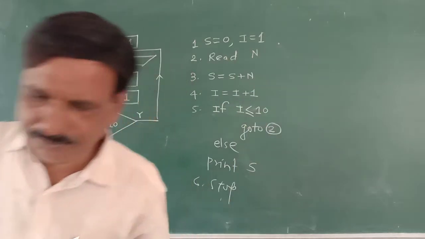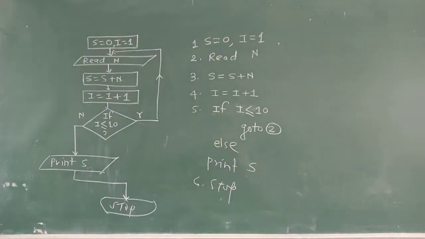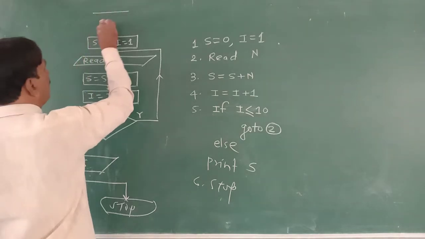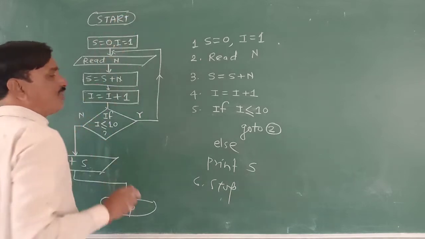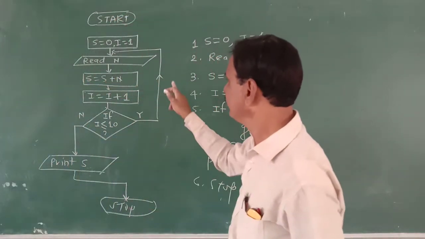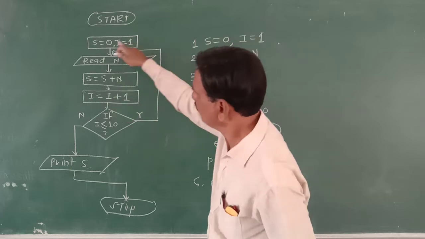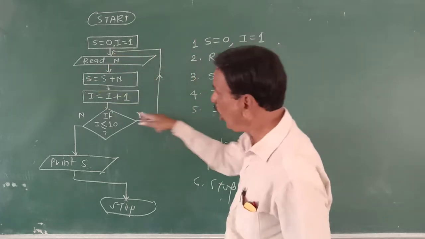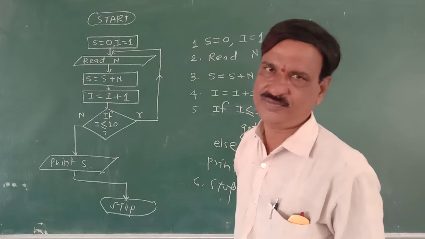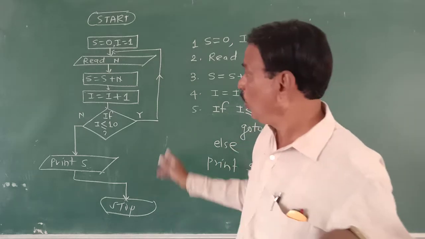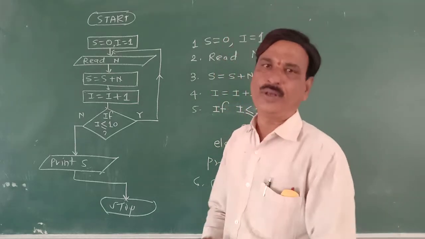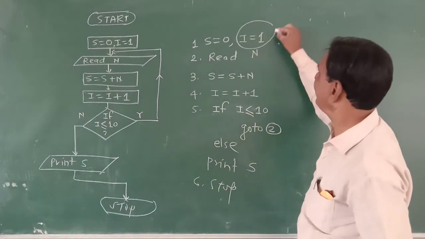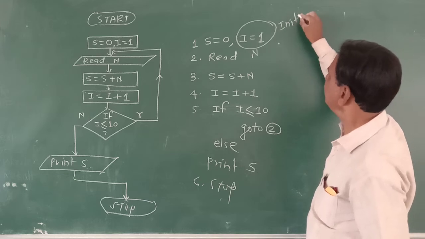So what we have done? Now you can see here. Start. What we have done? We have established a loop. How long? 10 times. But to construct the loop, we require one counter, which was initialized at 1.